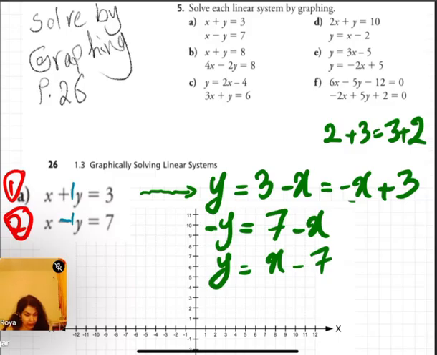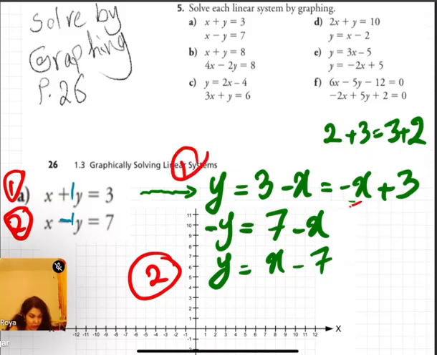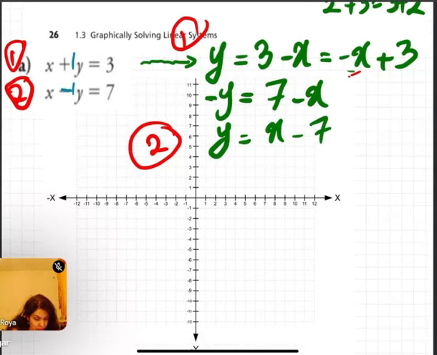Okay? So this is equation 2, y equal to x minus 7, and this is equation 1. I'm going to rewrite it.